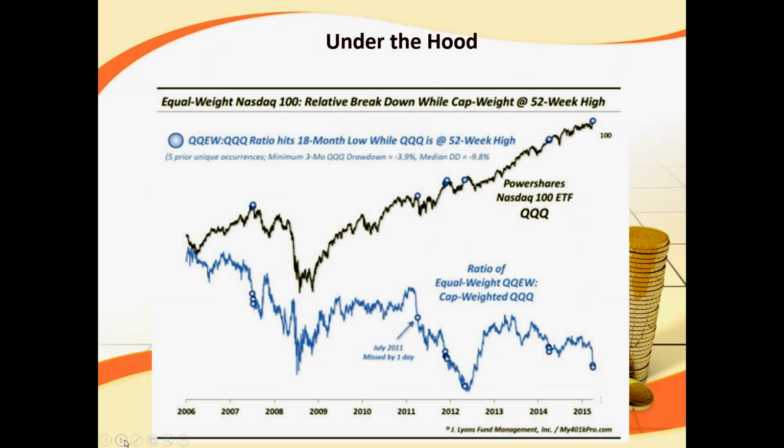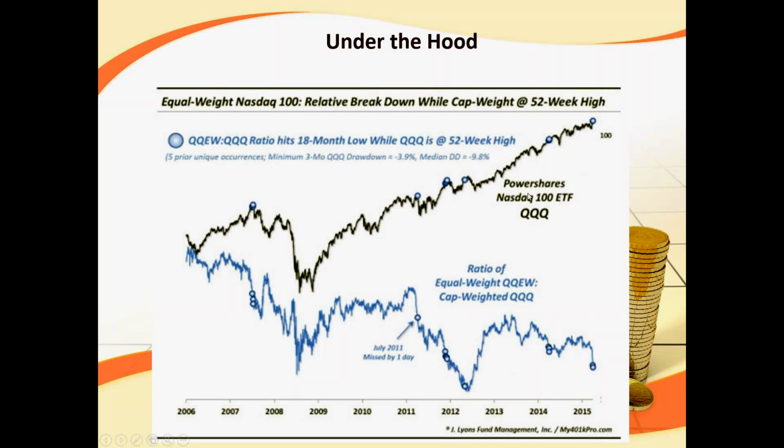Yeah, Mike sent me this chart earlier and said, I think you'll find this interesting. This QQEW is basically an ETF of the NASDAQ 100, but it's equally weighted. This little chart down here, the blue line pointed downward, is the ratio between the two.